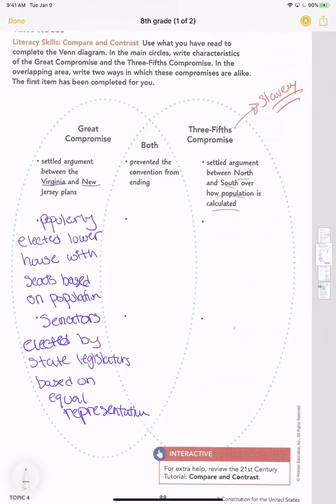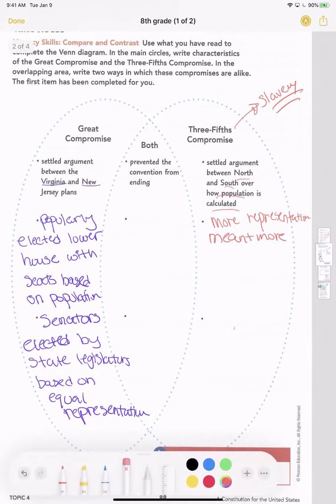We will learn later on about the conflict between the North and South, which was the Civil War. But for this purpose, the Three-Fifths Compromise was all about more representation meant more power, all right? Power.